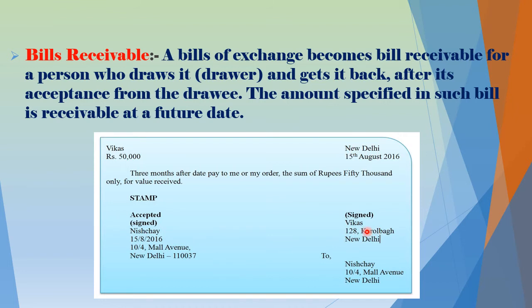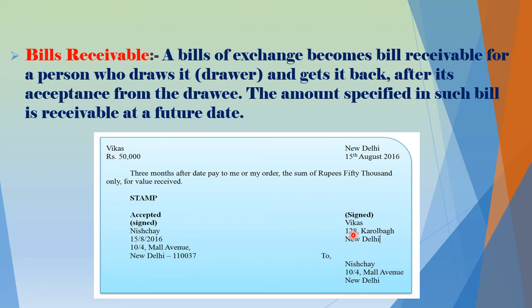Because Vikas is the seller here, Vikas is the drawer, so he is drawing the bill or making the bill and giving it to Nishchay, saying that you have to give me money after, let us say, here it is written 3 months, rupees 50,000. Now Nishchay is the acceptor or the drawee, because he accepts the bill, signs it and gives it back to Vikas.